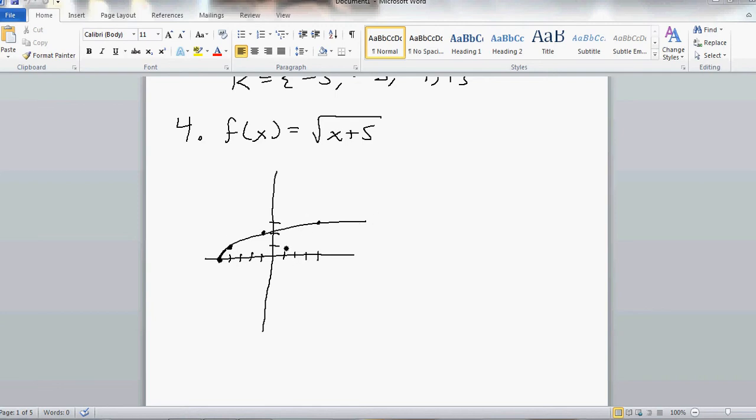Now we are asked to also graph its inverse, which means switch x and y. Now the easiest way to switch x and y is to reflect this graph over the line y equals x, because remember, the whole trick is we're going to switch y for x.